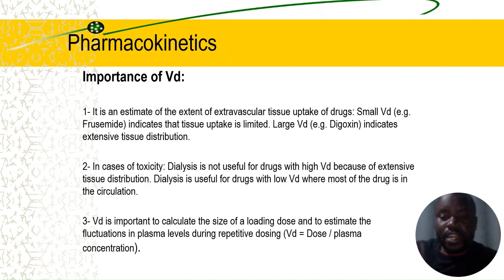So we are saying, number one, volume of distribution can be used to estimate extravascular tissue uptake. We can also use it to determine whether we can use particular mechanisms for management of toxicity, and also to determine the loading dose.